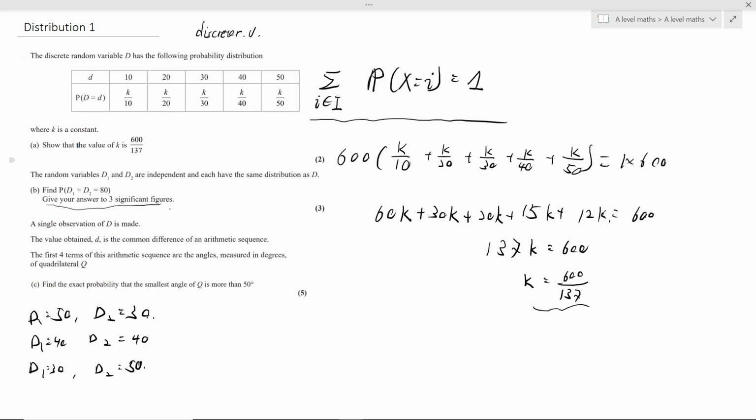Okay. Now let's find the individual probability: what's the probability that D1 is 50 and D2 is 30? One of the most important pieces of information here is that D1 and D2 are independent.